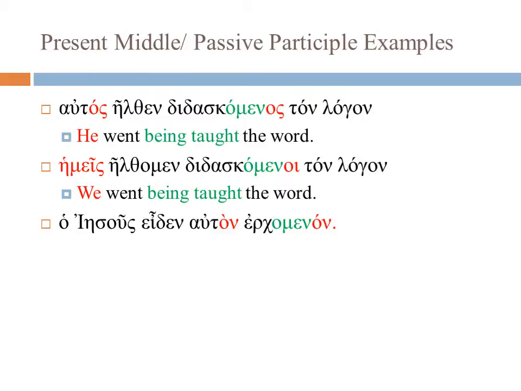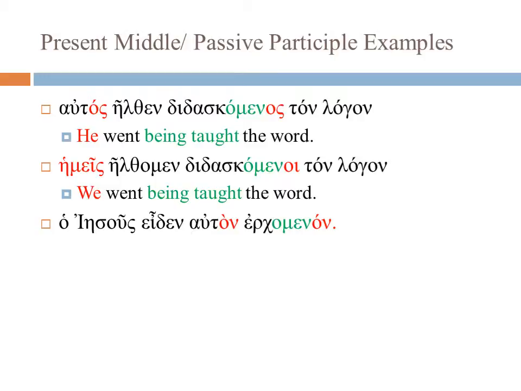Ha-Jesus eden autan echamenan. The participle that we have, and this is a deponent from erchomai, is erchamenan. That ending is an accusative ending, so we're looking for an accusative word. And we found one with autan, masculine accusative.